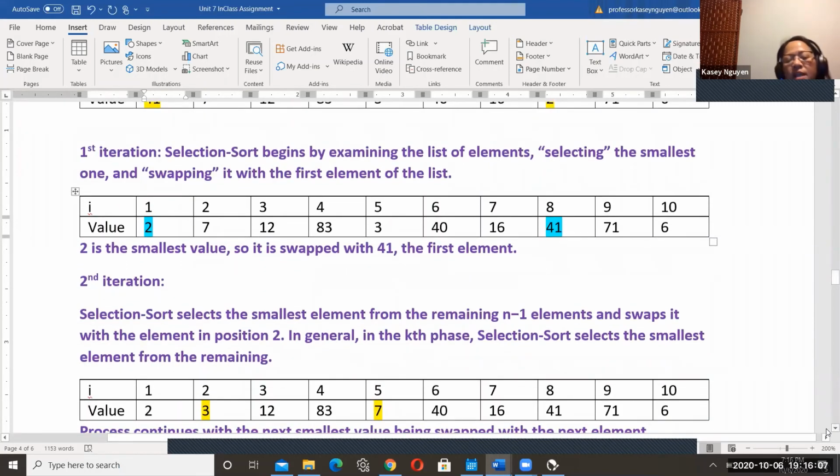So when we look at this, after it's swapped 2 and 41, 3 is the next least. And it needs to move 3 to the 7 space. So we would take 7, put it in temp, move 3 into the second element position, and then put 7 in its position.